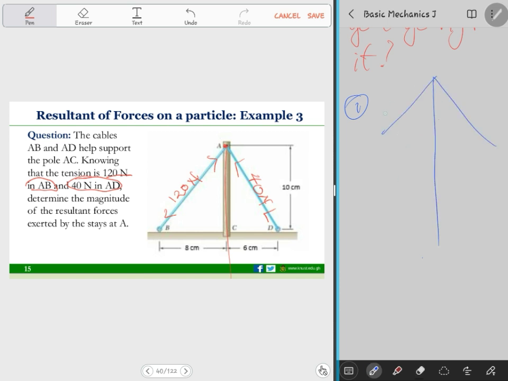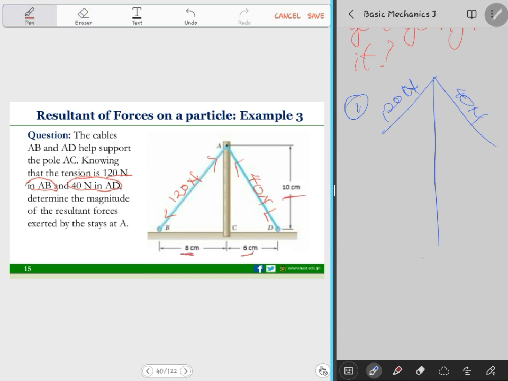Then one thing again is that when it comes to the resultant of forces, when we are trying to solve questions of this sort, it's very important that before you find a resultant force you need angles. In this case we only have the magnitude of the forces, we don't have any angles. But they've given us other information, on the other side they've given us this and then this.